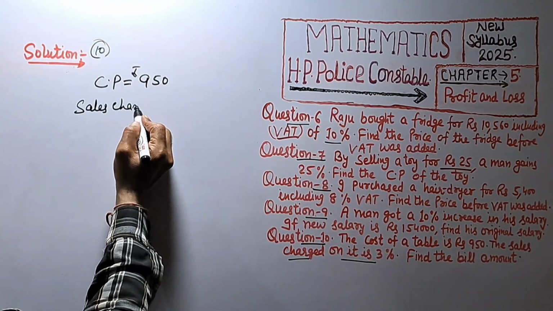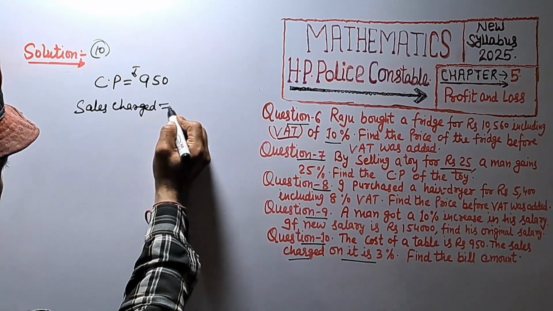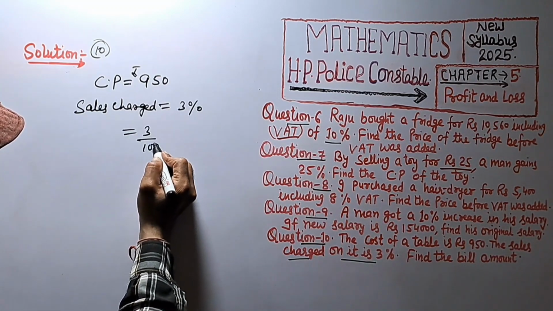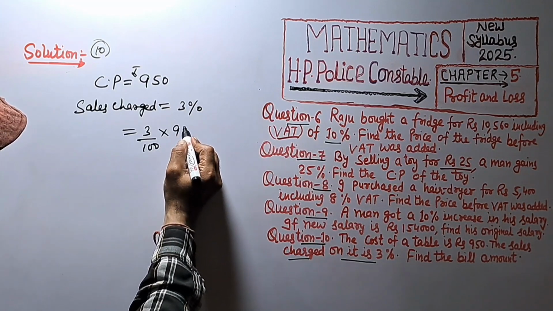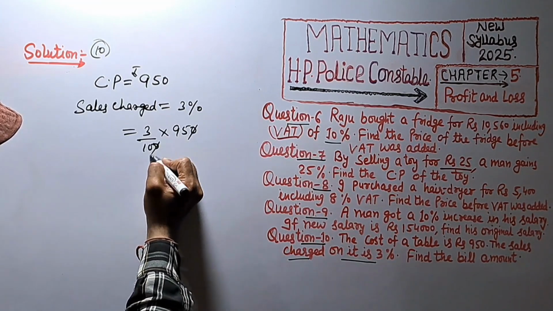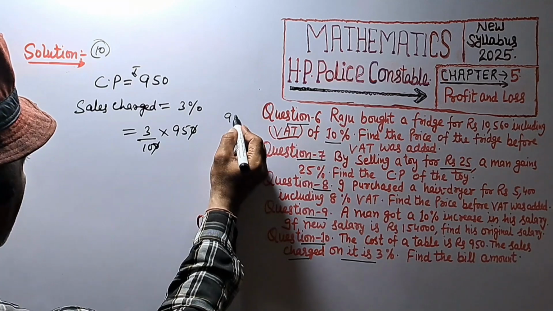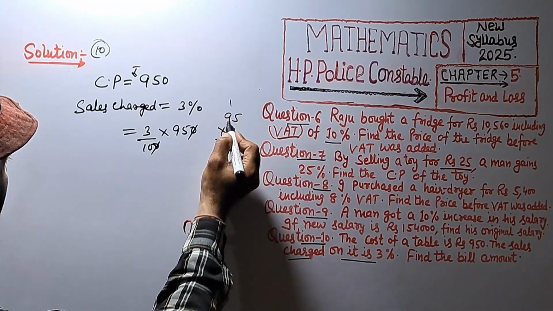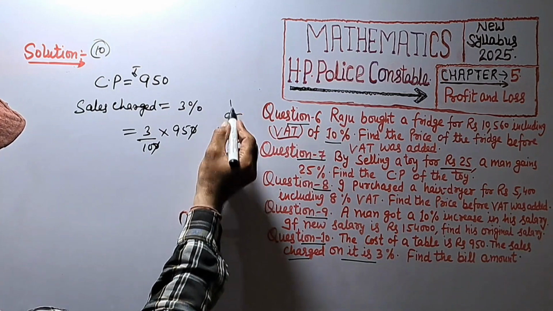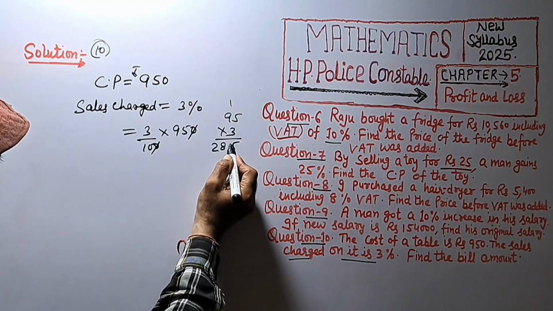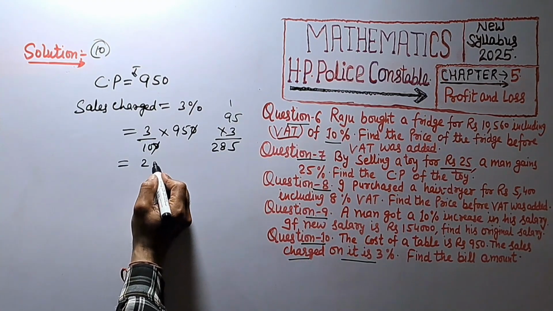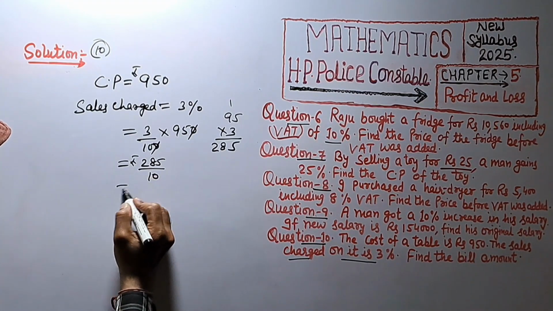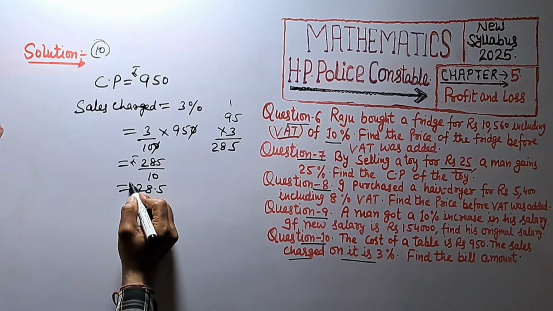Sales charge equal to 3%, that is 3% of 950. Cancel. 95 multiplied by 3 equal to, 5 3s are 15, 1 carry, 9 3s are 27 plus 1 is equal to 28. So 285 divided by 10 rupees, that is 28.5 rupees.